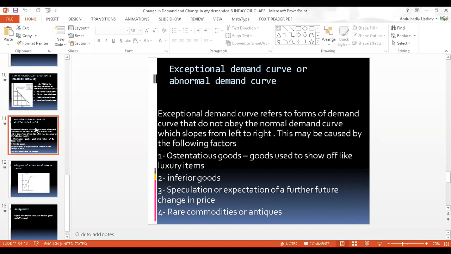They don't want people to see them consuming such an item because it makes them look inferior as well. Some people may choose not to take garri again, as it is unclassy. Some people will say they won't eat a particular brand of rice, or won't take a particular kind of transportation. So it becomes an inferior item to such a group of people.